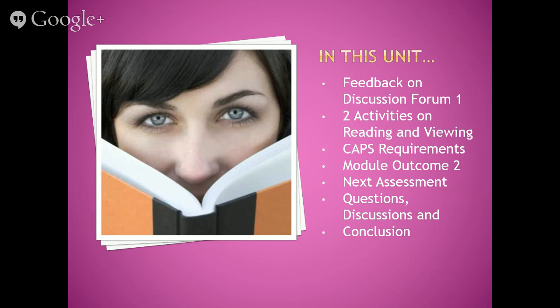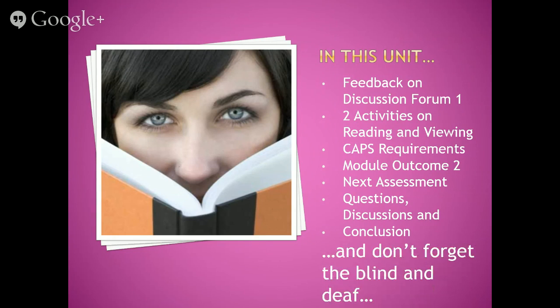We'll look at module outcome 2 in particular in preparation for the next assessment, and we'll look briefly at the requirements for the next assessment. Then we'll have some time for questions, discussion and conclusion as we look back again at our first few activities as we conclude the tutorial on reading and viewing based on Unit 2.